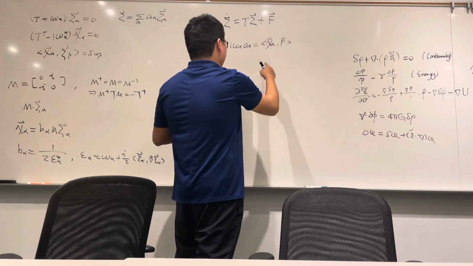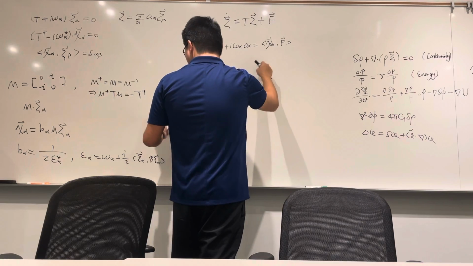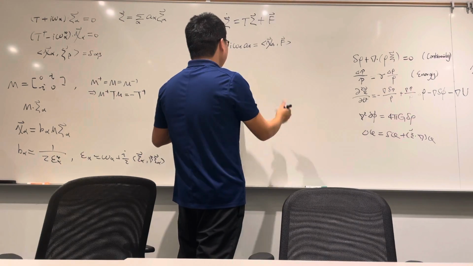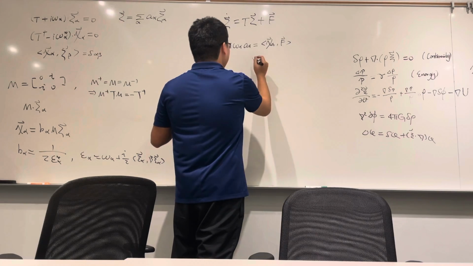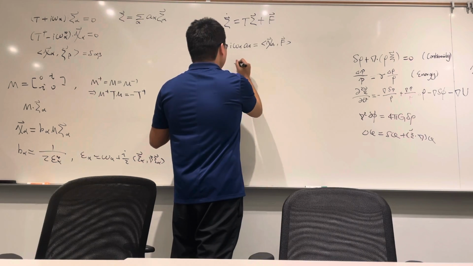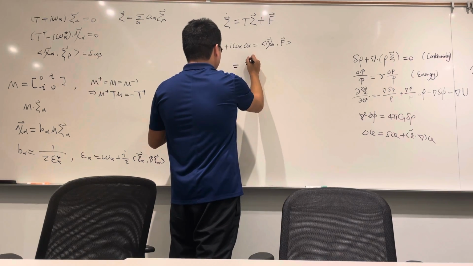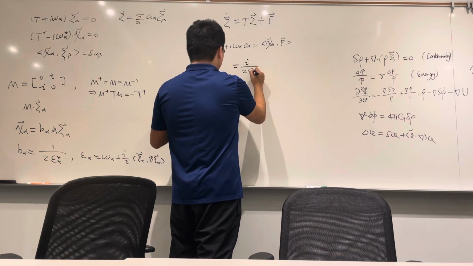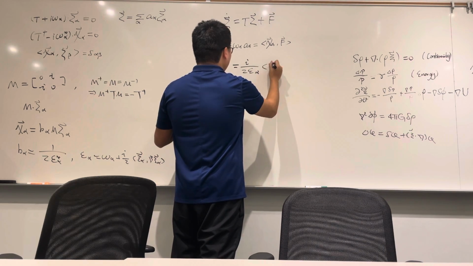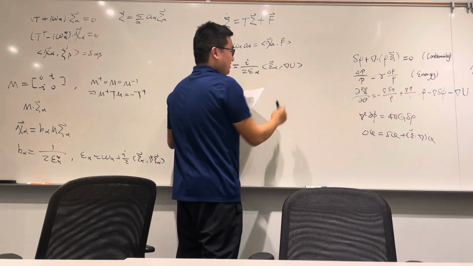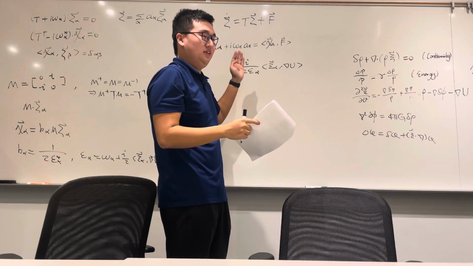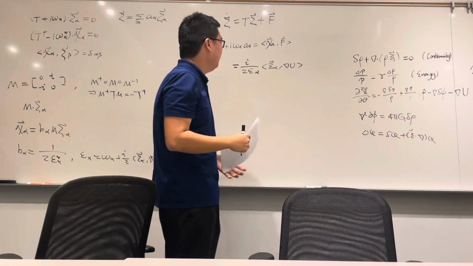And you already sort of expressed this chi alpha. So basically, after tons of algebra, you'll have a single expression like this. So you're going to substitute all these things and translate everything back to the configuration space.